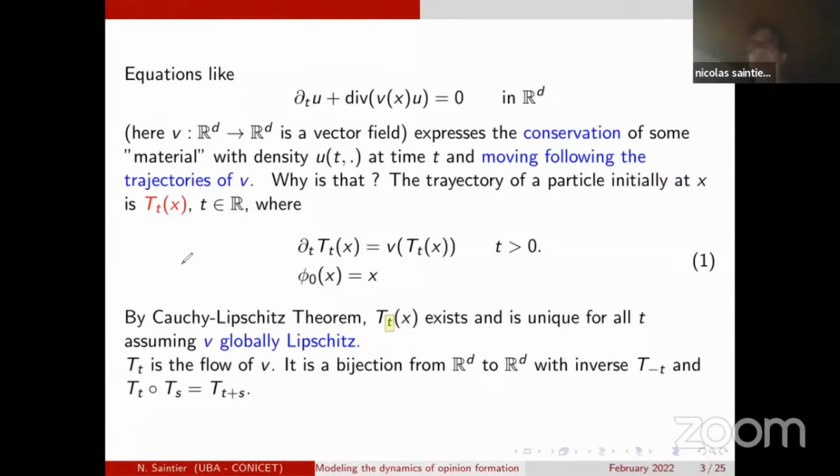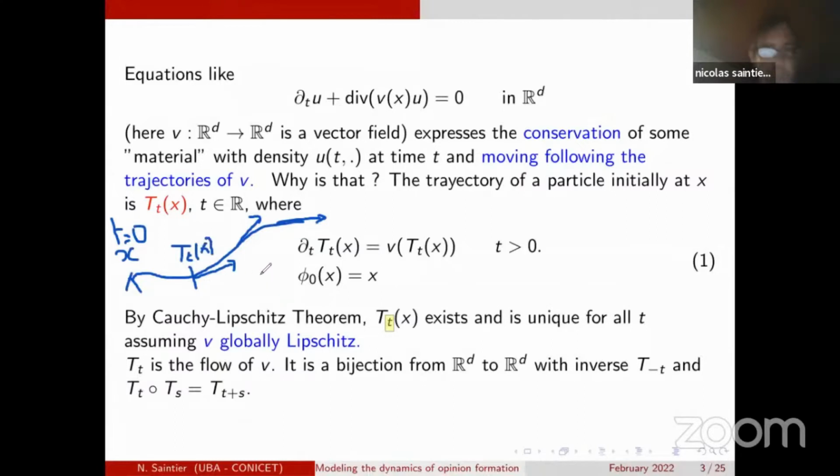If we understand that, we're done. This only means that I'm starting at x at time 0, and my point x just travels in space due to the forces V, and at any time t, I'm here at Φ sub t of x.